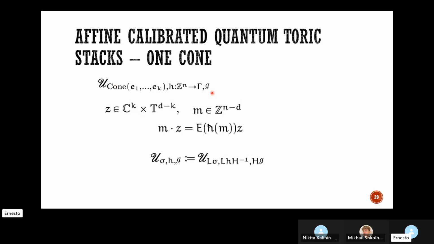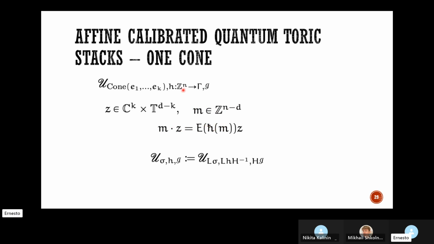Well, this is the notation. It's a lot of things in the notation. But what you do is you take Z here. D is still the dimension where gamma lives. You take Z here, and you take M here, and you act by this.